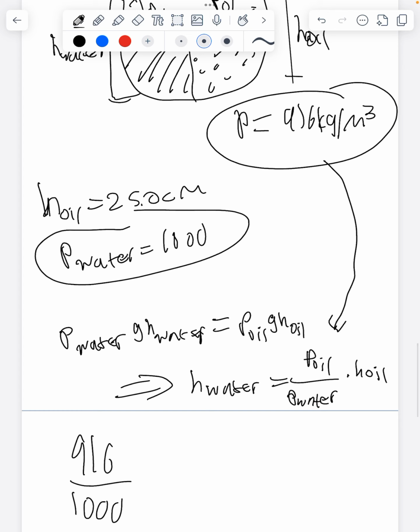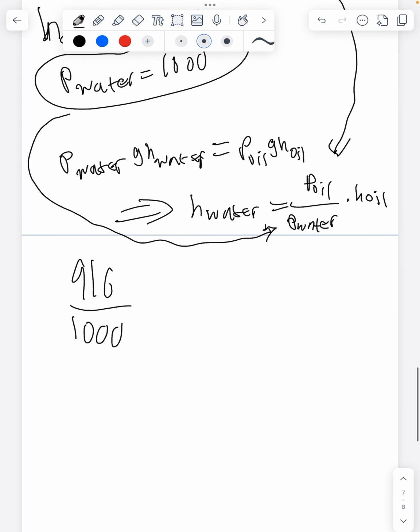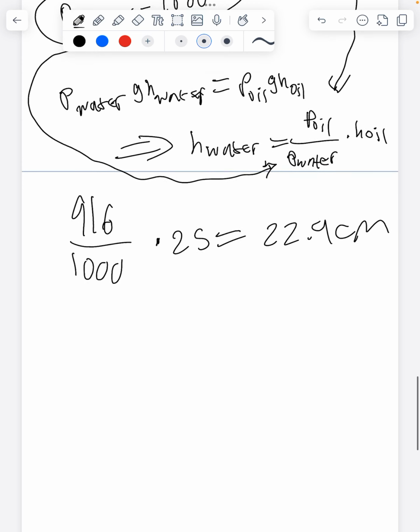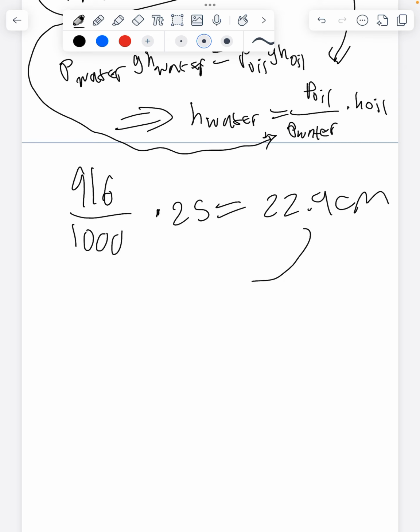This is given to us. So we're just going to plug in, times 25 equals 22.9 centimeters. So this would keep the pressure balanced across the tube.